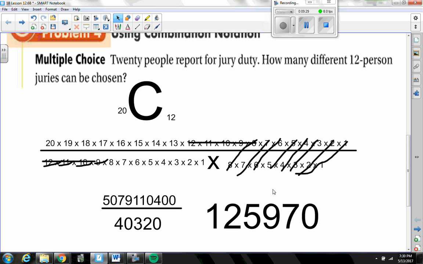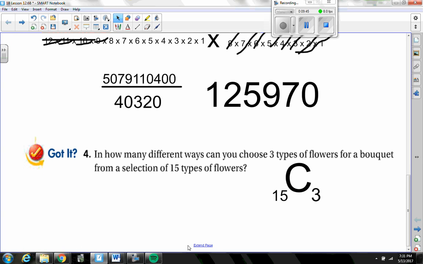Okay, so I understand in this case there is a lot of math involved, a lot of multiplication, but we'll use a calculator to help us get these very, very big numbers, 125,970 different possible juries.